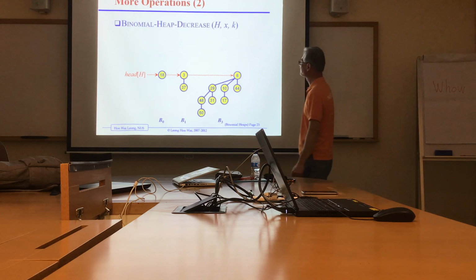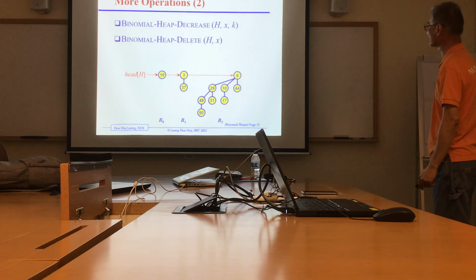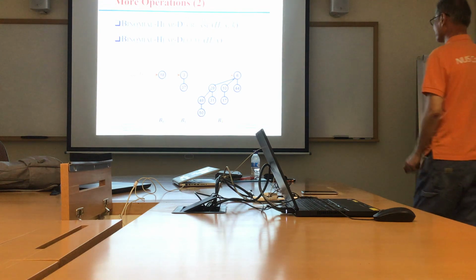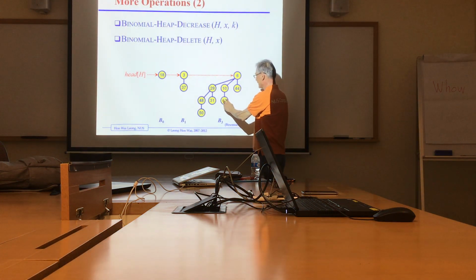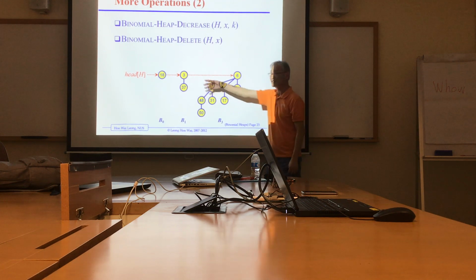Now how about decrease key and delete? What about decrease key? Suppose here's the problem: 17, I decrease its key to 5. What can we do? Well, the other stuff doesn't change.